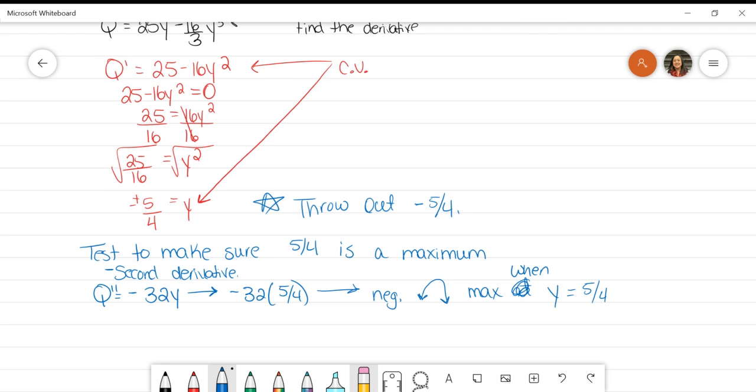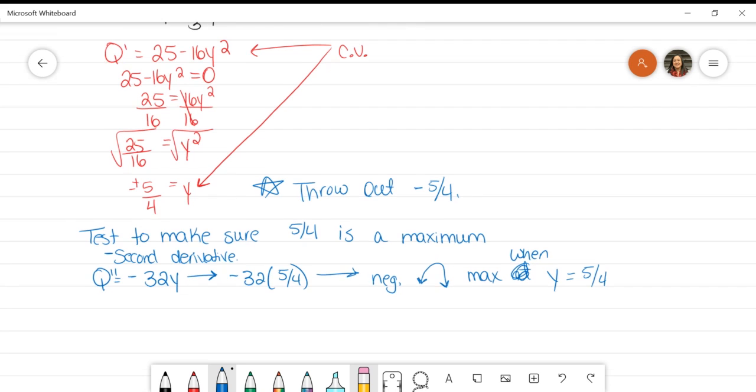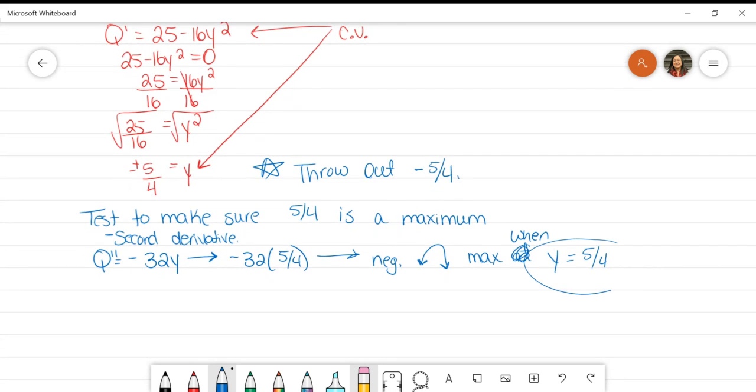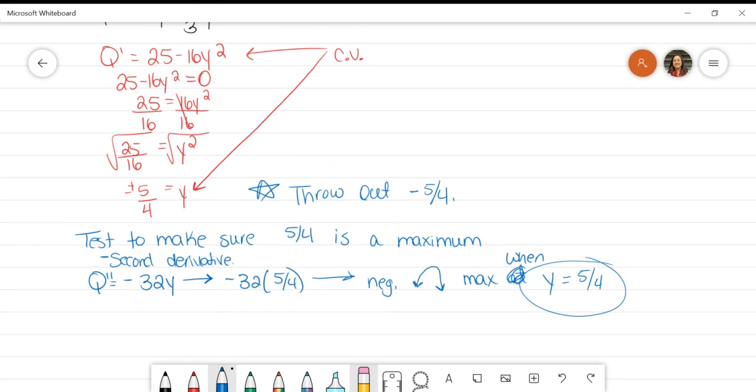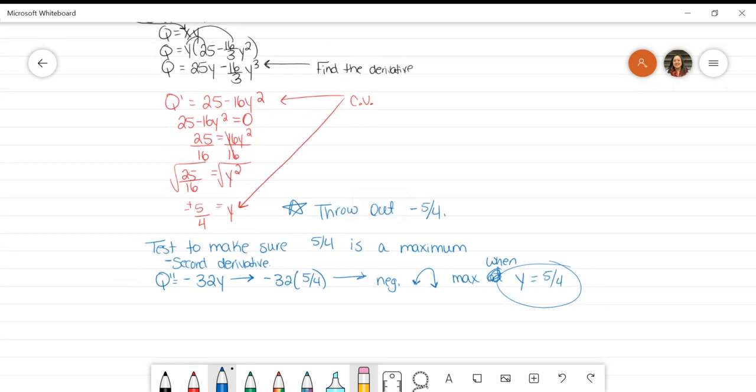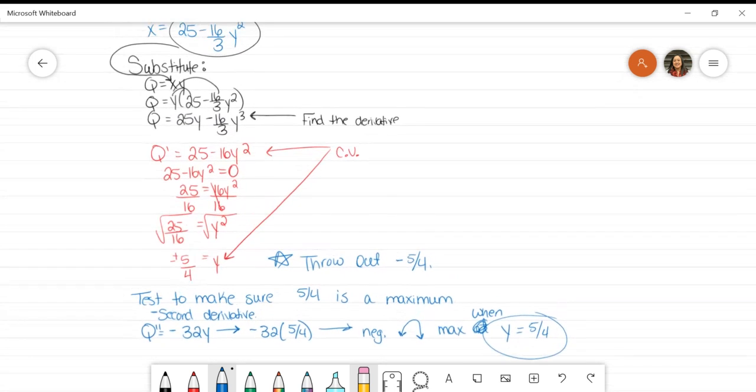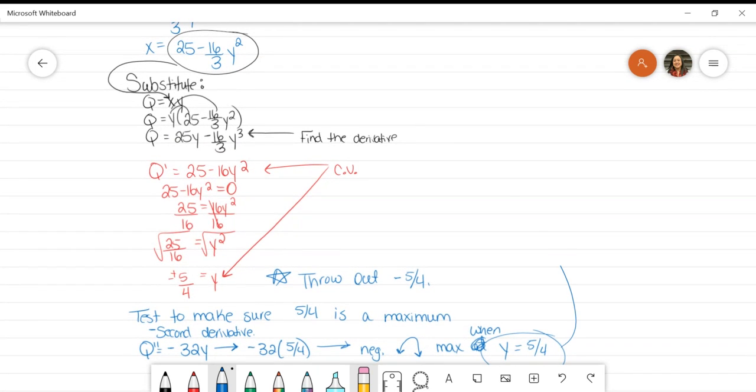Well, okay, I've got somewhere, but I need to know the actual entire ordered pair. Well, if I know what my y value is, I can very easily figure out what my x value is. And I know I'm moving a lot, but on your paper, you have an equation up here that allows you to find your x value. You know that x is equal to 25 minus 16 thirds y squared.